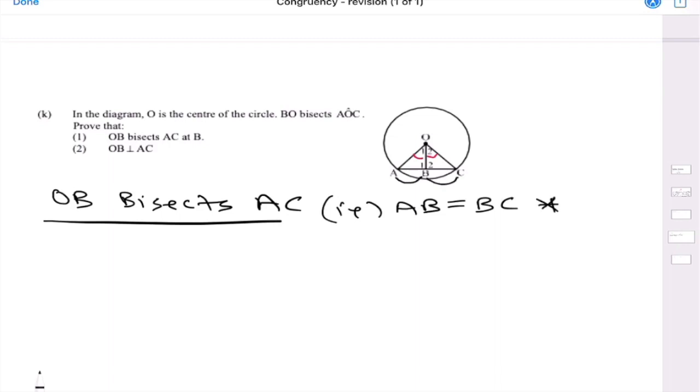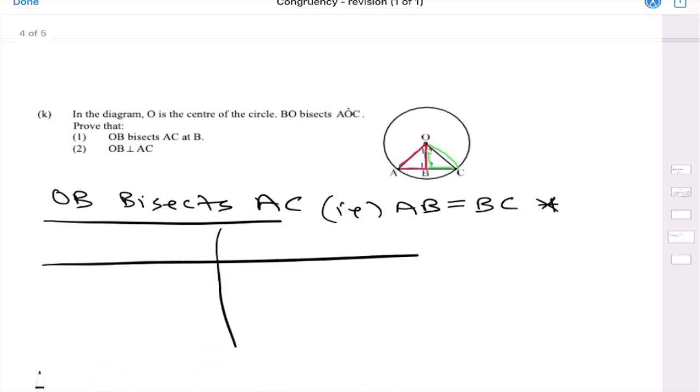But in order to prove that sides are equal, it can become necessary at times for you to prove congruency. So we need, first of all, to prove that there are two triangles there that are congruent. And then if we can prove congruency, then we can conclude that therefore the lines AB and BC will be equal. Right, so let's prove congruency.